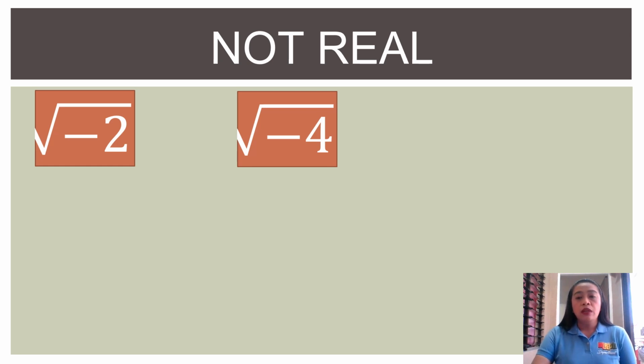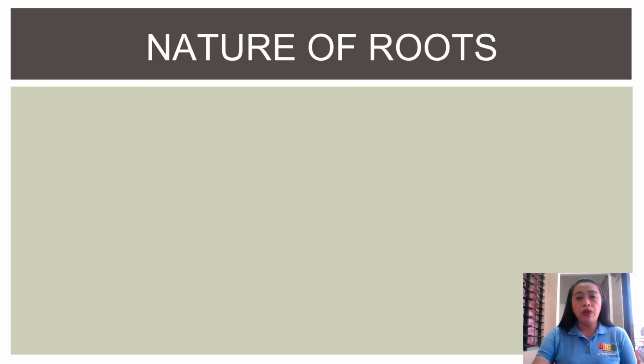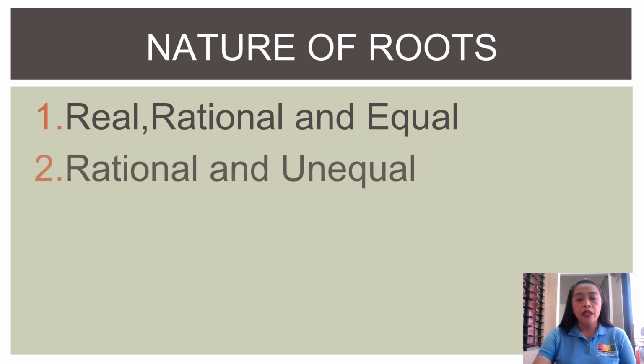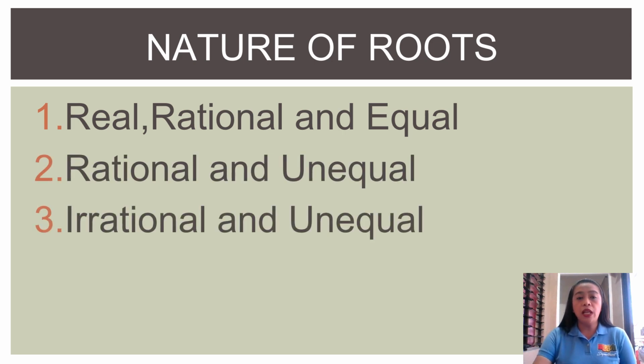Okay, so let's proceed now. How are we going to find the nature of roots? The nature of roots will depend on our discriminant. But how are we going to classify? There are 4 classifications. It's either real, rational, and equal; rational and unequal; irrational and unequal; or not real.